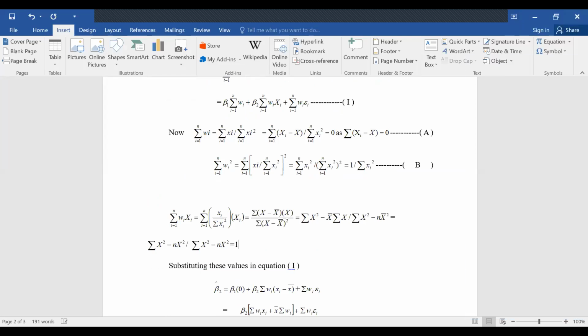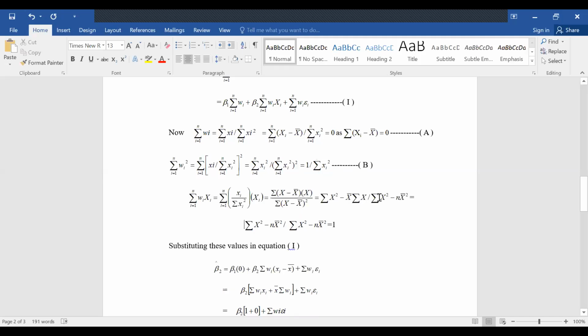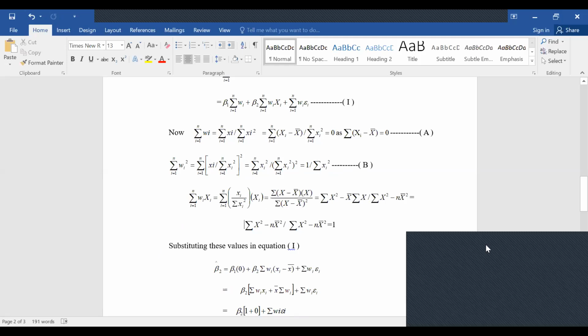Because if you look at the term in the numerator and the denominator, both are the same. So summation xi square minus x bar square divided by summation x square minus x bar square, they are the same. So this is equal to 1.